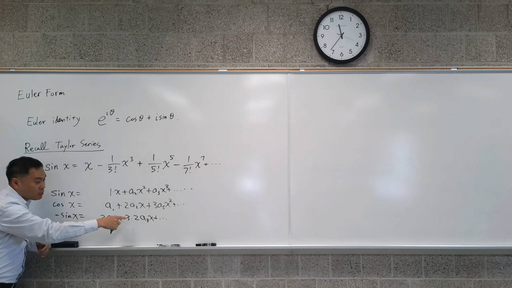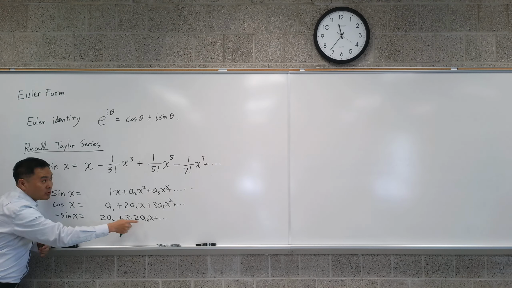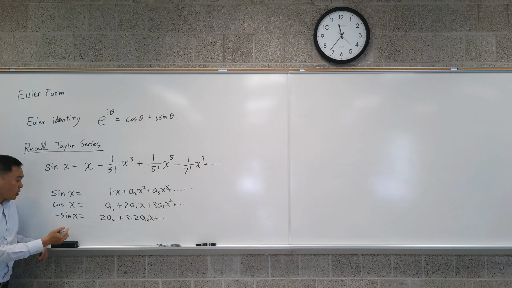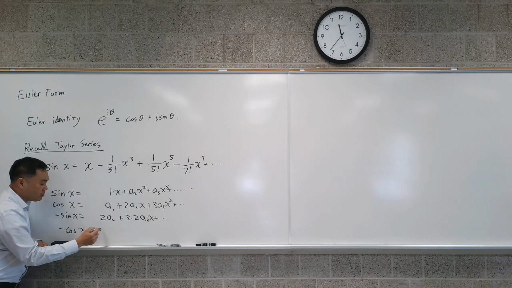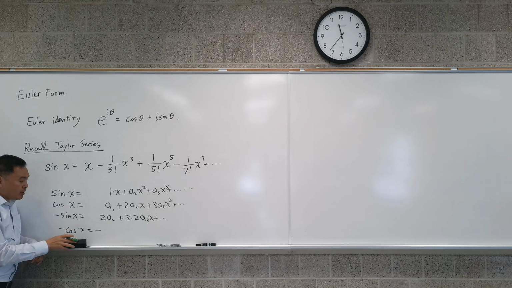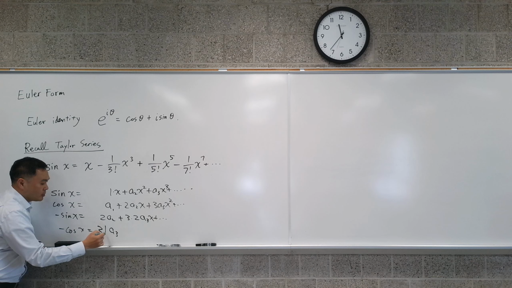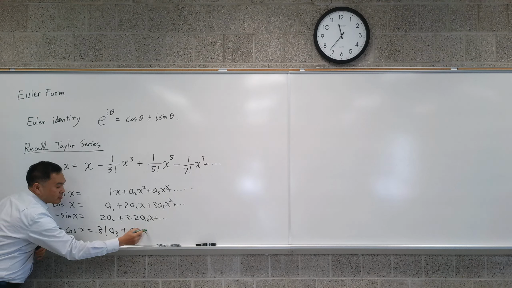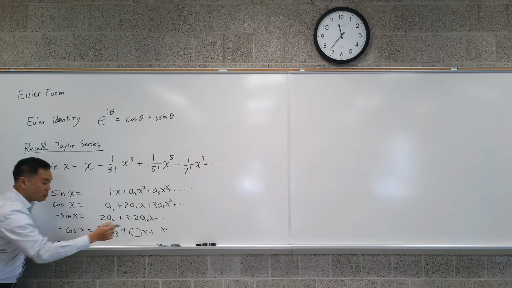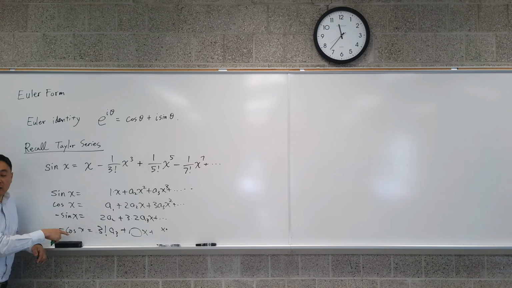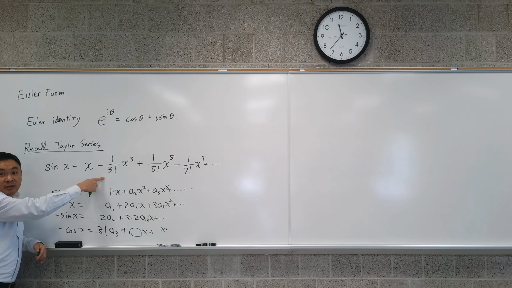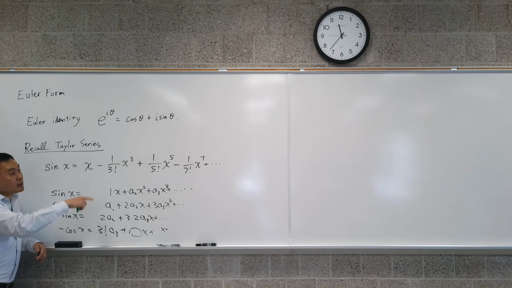Differentiate again, then 3 times 2 times 1, that's 3 factorial, and negative cosine x equals 3 factorial a3 plus something times x squared, and so on. You plug in 0 again, you get negative 1 equals 3 factorial times a3. Divide, you get that. You keep going and you get all of these.